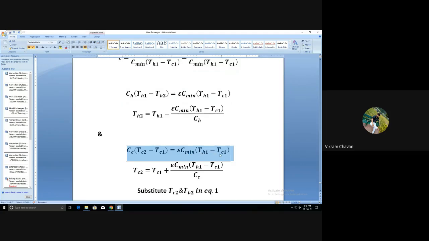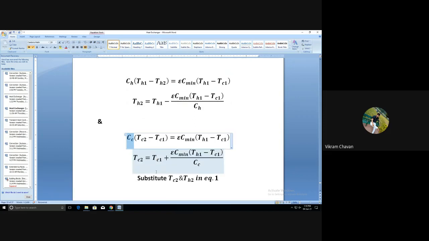From this equation we will get Tc2. Shift Cc to the denominator side, and since we want Tc2 only, the minus Tc1 becomes plus Tc1 on the other side. So Tc2 is equal to Tc1 plus effectiveness multiplied by Cmin inside bracket Th1 minus Tc1 whole divided by Cc.